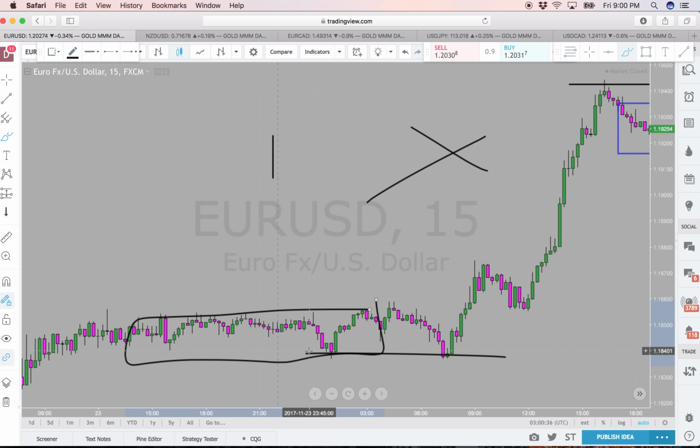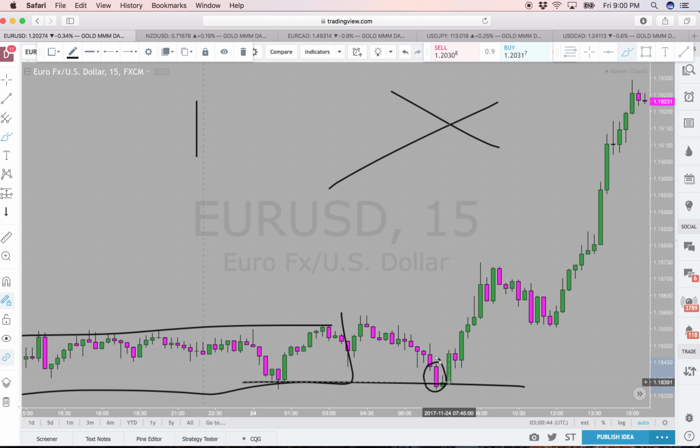Now, we can see the low of the day was created here, and this candle broke below the low and left 1 candle here floating below the low of the previous day.